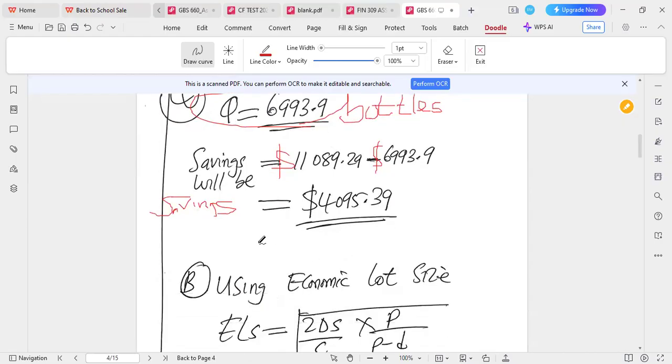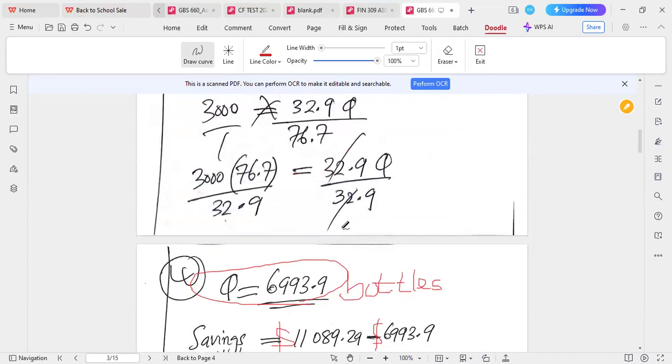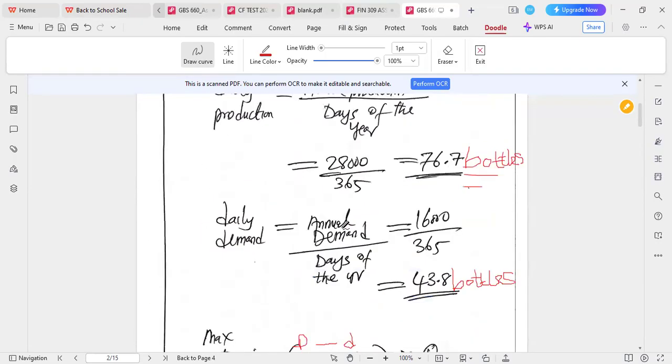Management should increase the storage to 3,000 bottles, because that would be a cost saving. Okay, well, that answers question 1A.